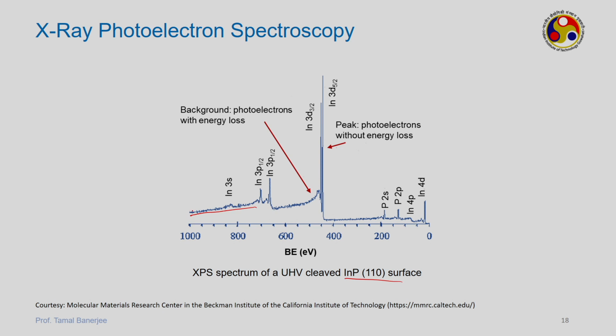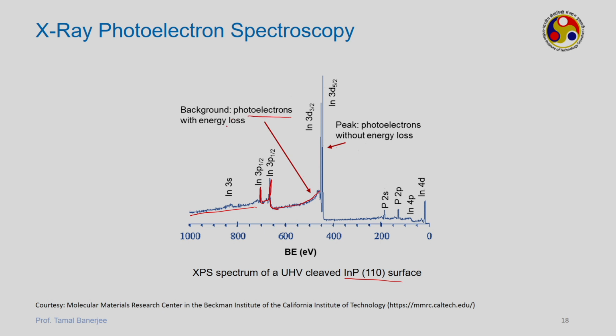So, the detector will keep on recording these primary electrons until it gets a peak here, and again it gets a peak here. So, these 3p 1/2 and 3p 3/2 are 2 peaks. Again, it keeps on increasing, the primary electrons are scattered. So, what are these? That is the background of this XPS spectroscopy.